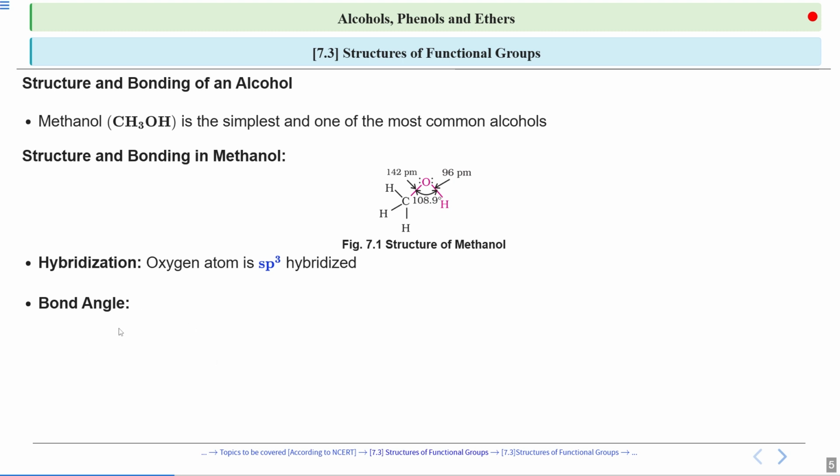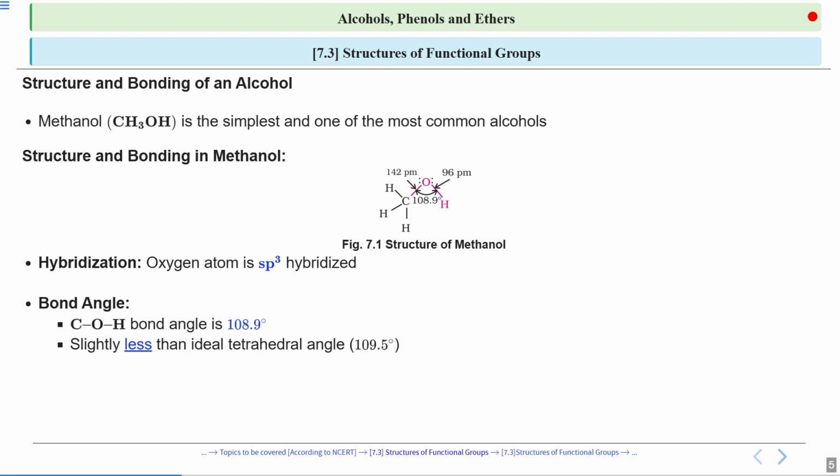If we talk about the bond angle in methanol, the COH bond angle is 108.9 degrees, and this bond angle is slightly less than the ideal tetrahedral bond angle, which is 109.5 degrees.